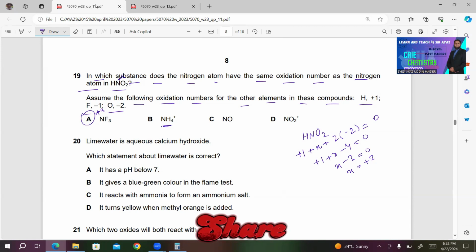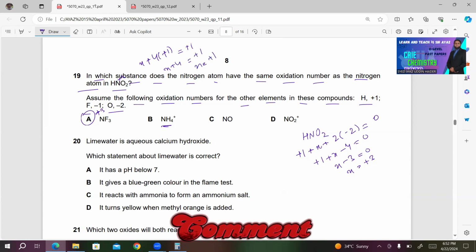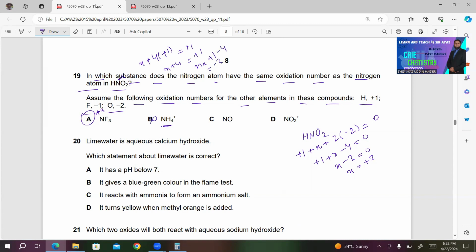For NH4+, the overall charge is +1. We have X for nitrogen. How many atoms of hydrogen? 4. Hydrogen carries +1. So X plus 4 gives +1, or X equals +1 minus 4, which gives -3. This is incorrect. C, NO. It's very simple.